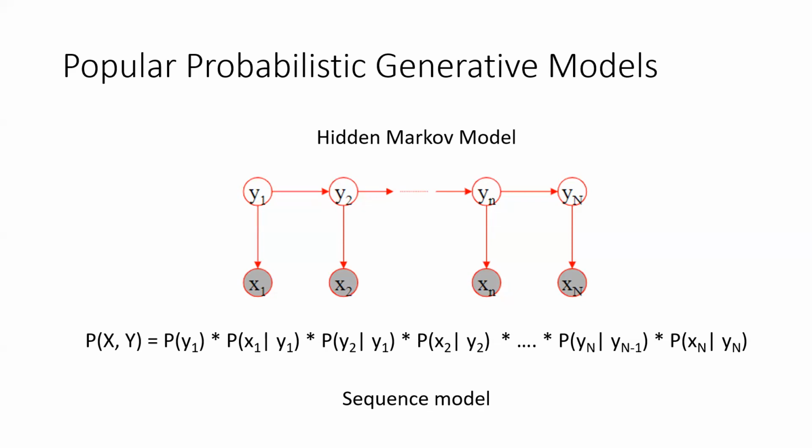For example, if I'm having a series of temperatures, the latent variable could be which hour of the day it is, or it could be what the climate conditions are on that particular day that we can't necessarily observe.